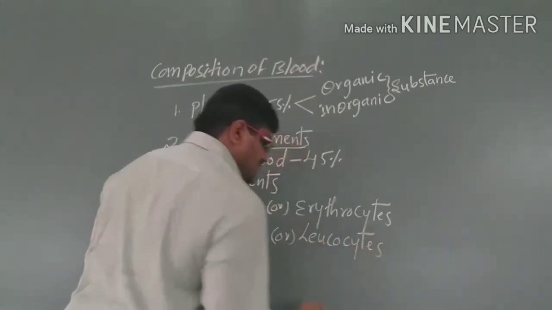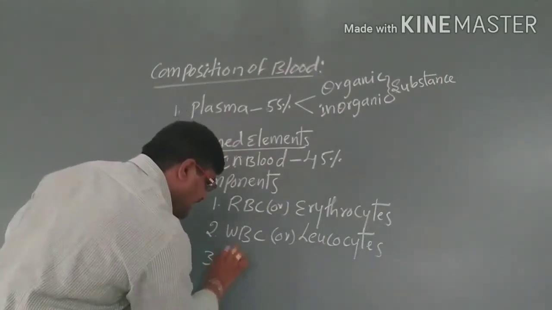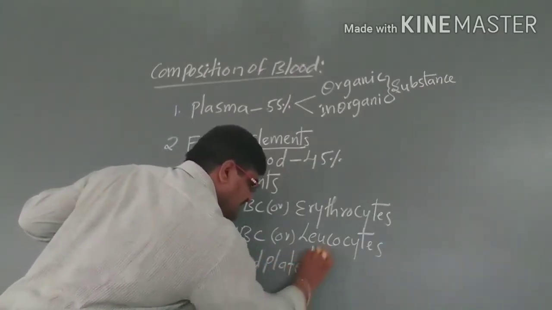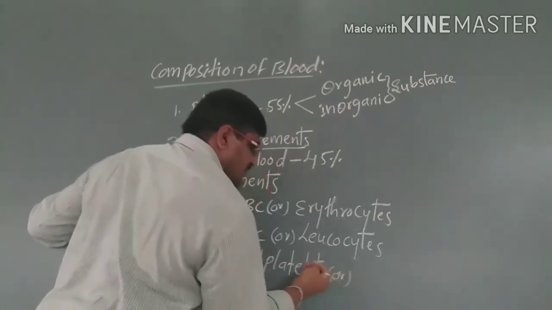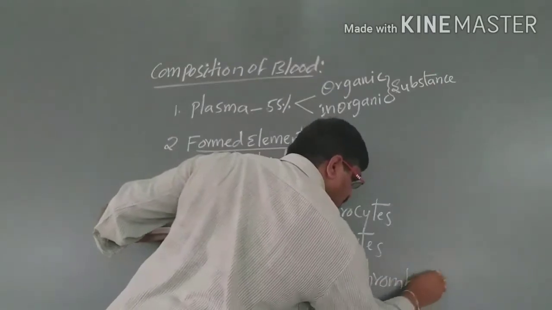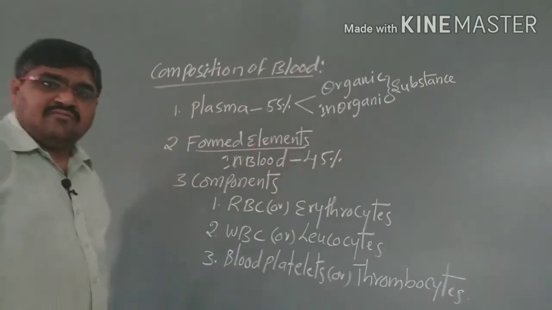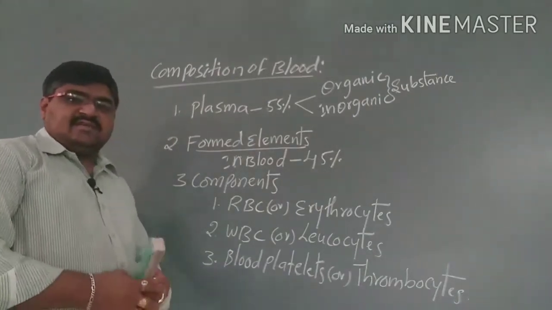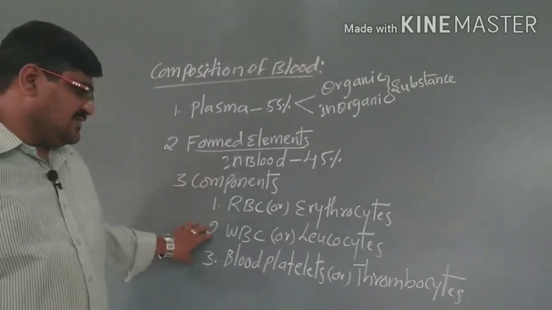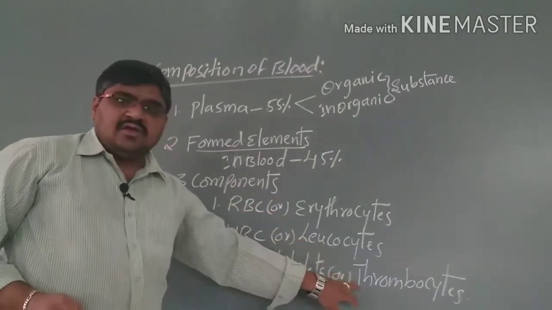And the third one is the blood platelets, otherwise called the thrombocytes. So these are the three types of formed elements: erythrocytes, leukocytes, and thrombocytes.